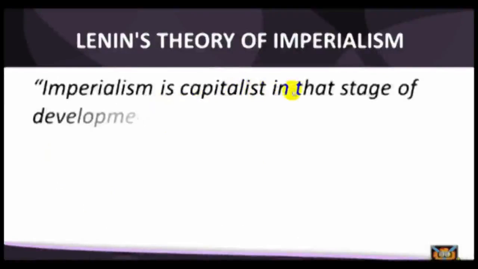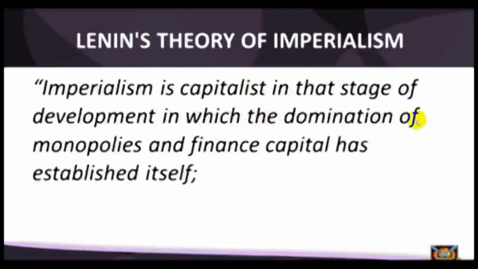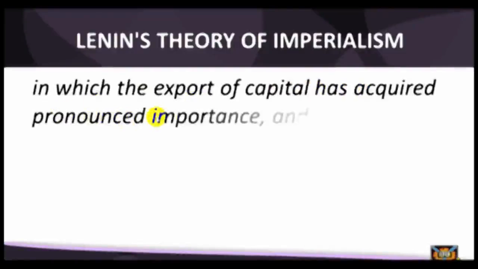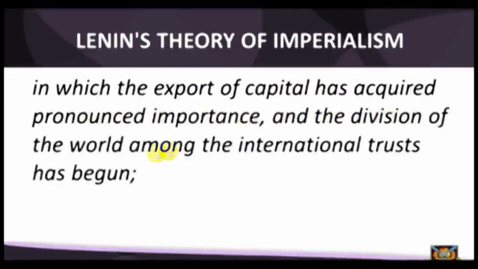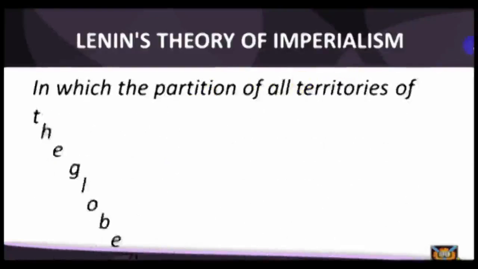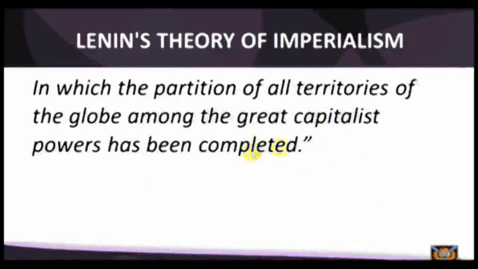Imperialism is capitalism in the stage of development in which the domination of monopolies and finance capital has established itself, in which export of capital has acquired pronounced importance, in which division of the world among the international trusts has begun, in which partition of all territories among the great capitalist powers has been completed.